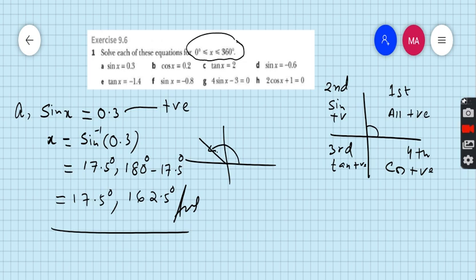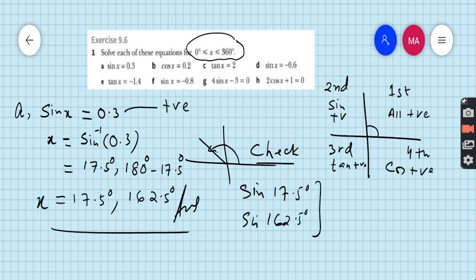Now if you still have doubt whether my answers, 17.5 degrees and 162.5 degrees, are right or wrong, it is very easy. Because this is the value of x, find sine 17.5 degrees from your calculator. This is checking. And find sine 162.5 degrees from your calculator.